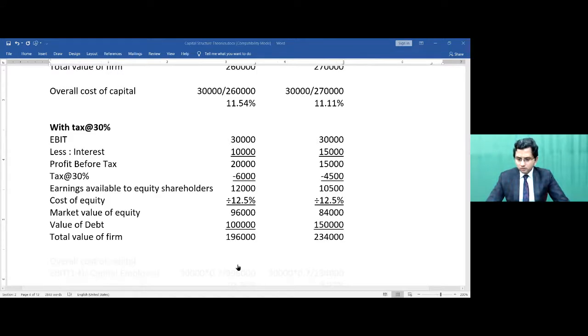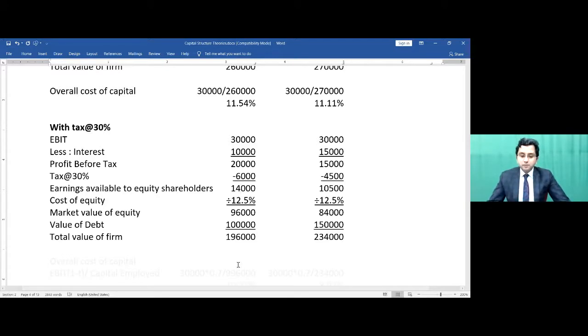Earning available is wrong. Oh yes, it is wrong. Correct, so it should be 14,000 rupees. And then 14,000 should be divided by 12.5%.